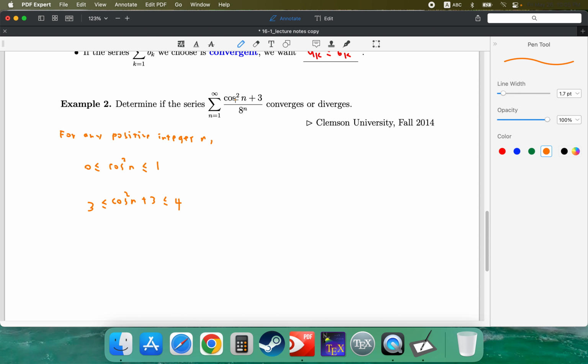Now I want to divide cosine square plus 3 by a to the n, so I will do this for every term. So cosine square of n plus 3 over a to the nth power will be less than or equal to 4 over a to the nth power and greater than or equal to 3 over a to the nth power.